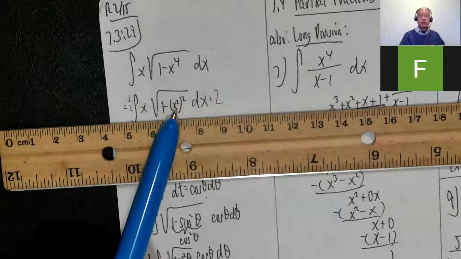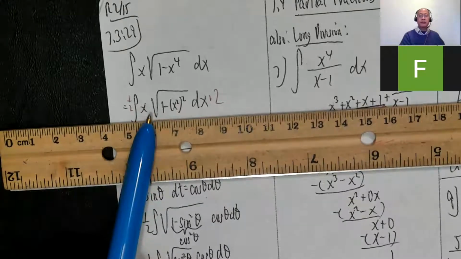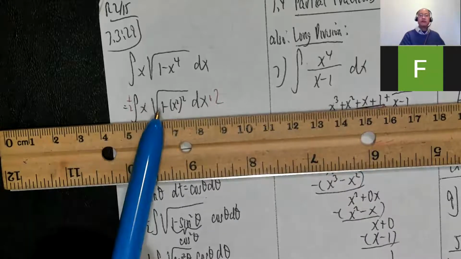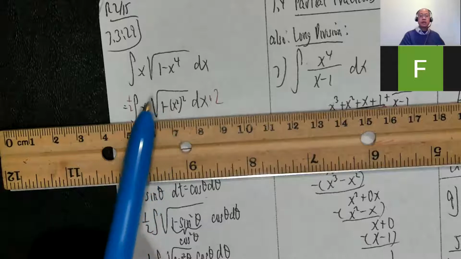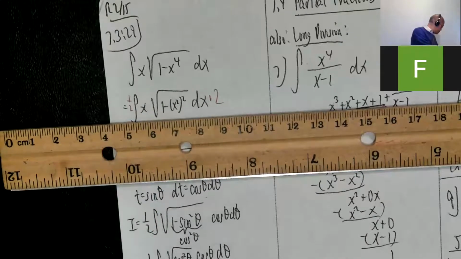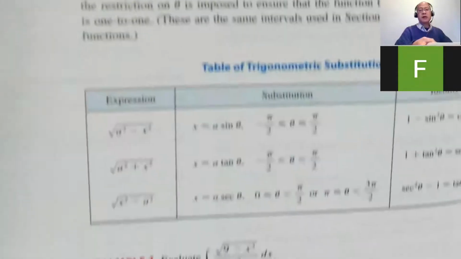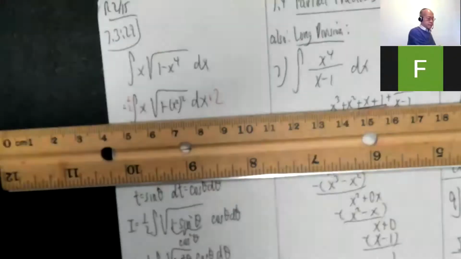So I want the x squared because the derivative of x squared is almost x. And by almost, I mean I have to multiply by a constant. So I'm going to transform this into a radical 1 minus t squared. If it looks like radical 1 minus t squared, then I can use the table. I can then use this thing, right, on page 486.